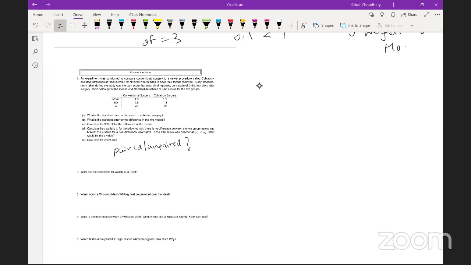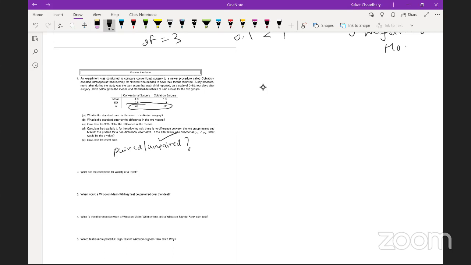Yeah, perfect. So it's going to be unpaired, right? So you don't even have to do anything actually. You just look at the number of samples here and they are different. And if you think about it a bit more closely, nobody is going to actually do two surgeries at once, right? Once you do the surgery, your expectation is that you've actually cured the patient. So this is unpaired, right?